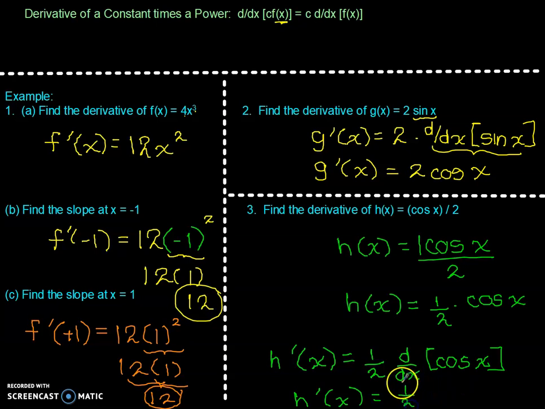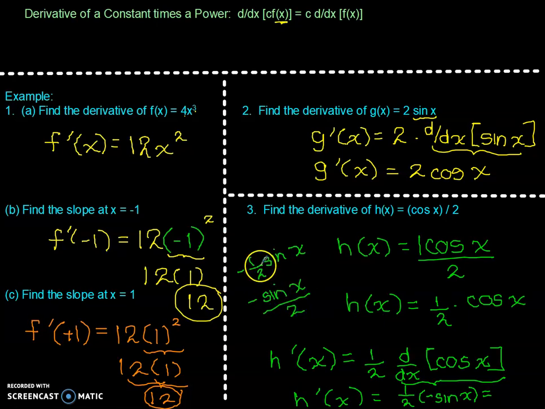So I have 1/2 times negative sine of x. So that would give me negative 1/2 sine of x. All I did was move the negative to the front of the coefficient. Or you could write it as negative sine x over 2, again, because we just multiply the fraction straight across.